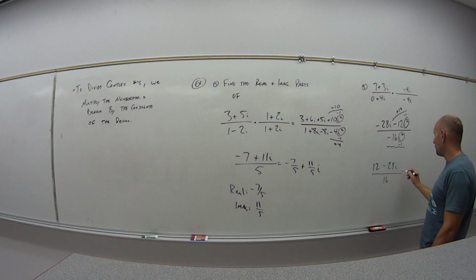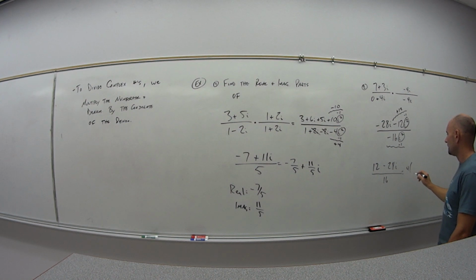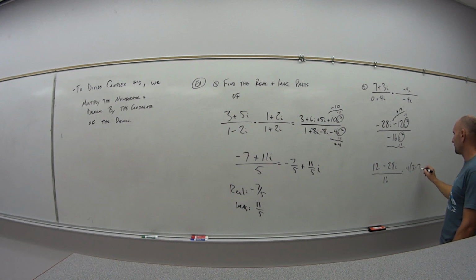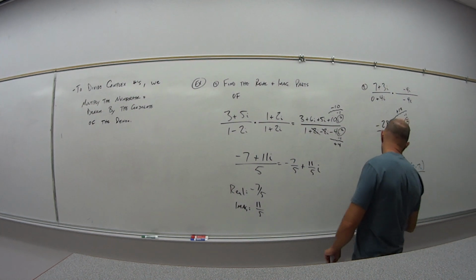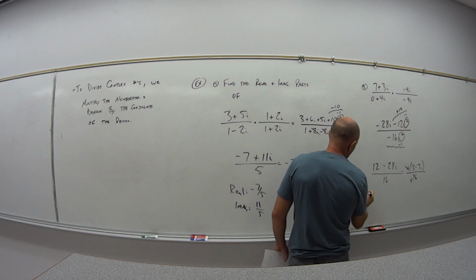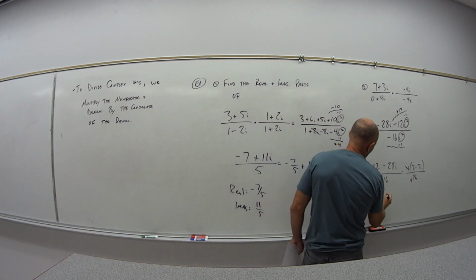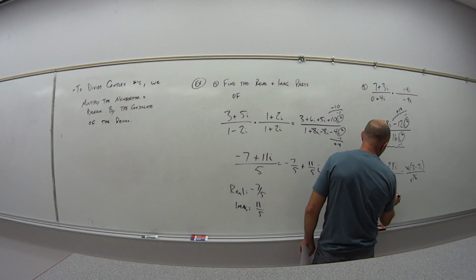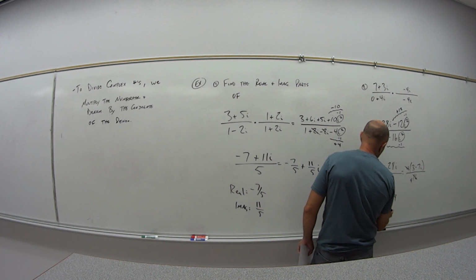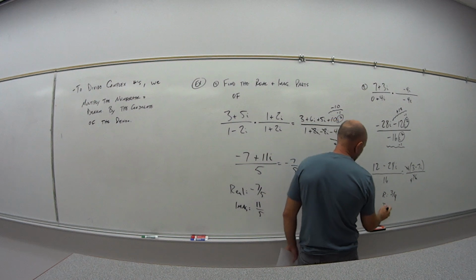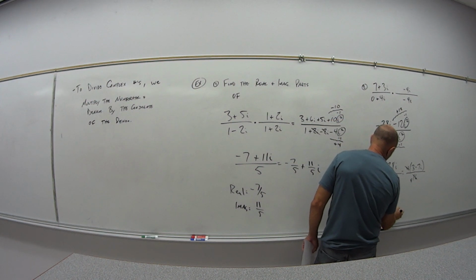I can factor a 4 out of the numerator, and I get 3 minus 7i all over 16. This 4 cancels with 16, leaves me 4. So I get 3 minus 7i all over 4. So my real part is what? My real part is 3/4. My imaginary part is what? Negative 7/4.